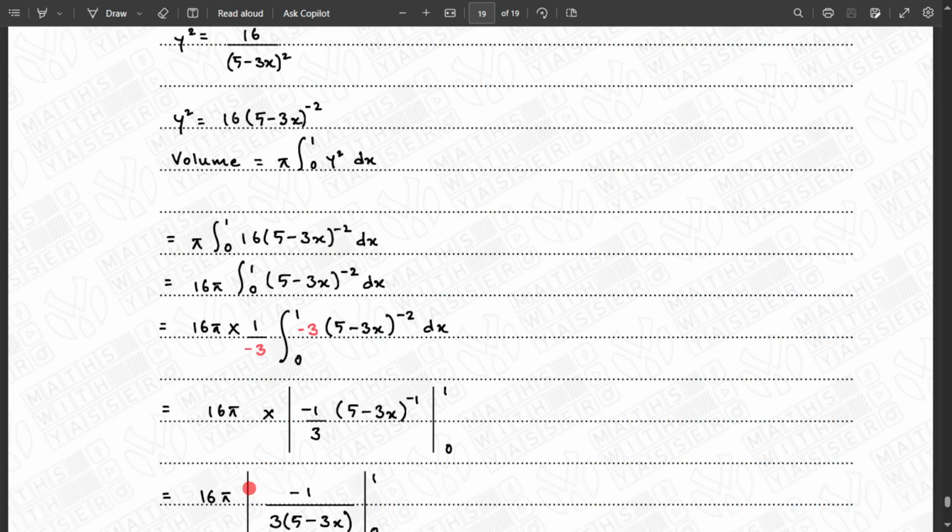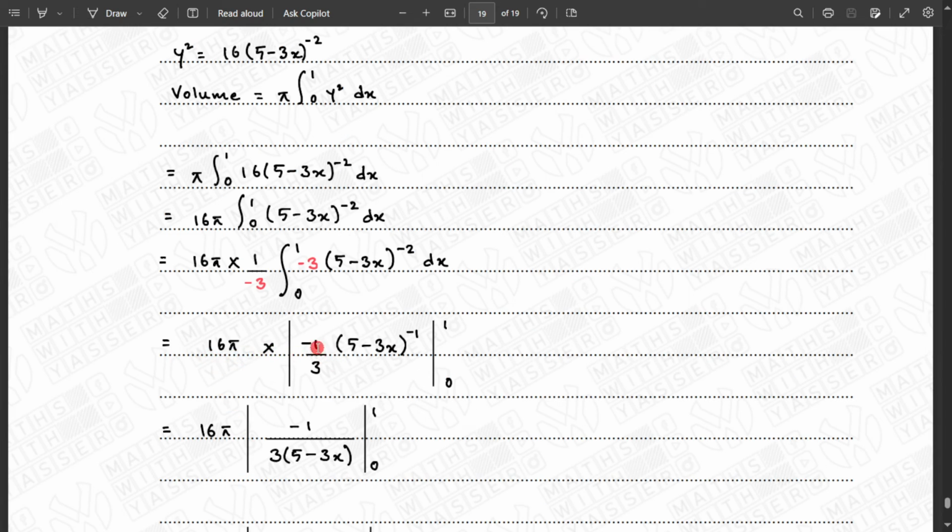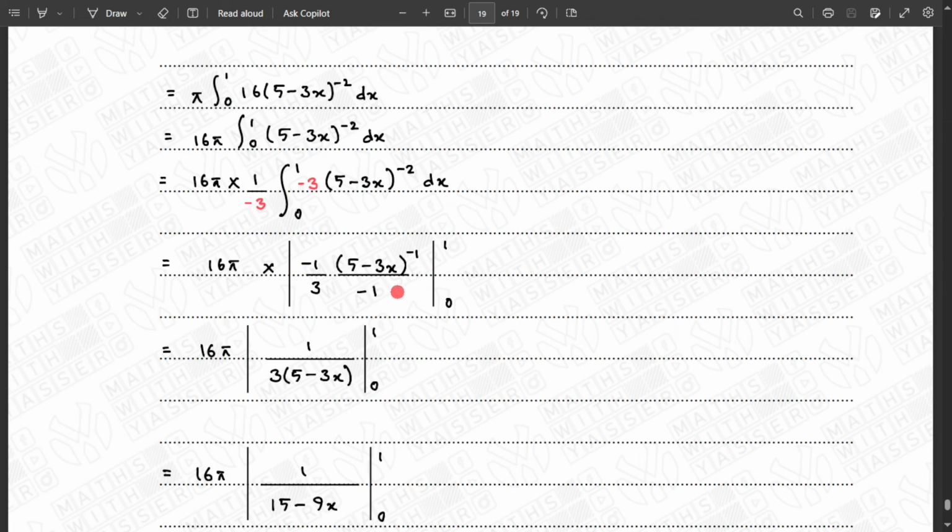Now this becomes 16 pi times negative 1 by 3 times (5 minus 3x) to the power of minus 2 plus 1, which is minus 1, over minus 1. Negative negative cancels out, and we are left with 1 over 3 times (5 minus 3x), if we bring (5 minus 3x) to the power minus 1 into the denominator, and the limits that we have are 1 and 0.